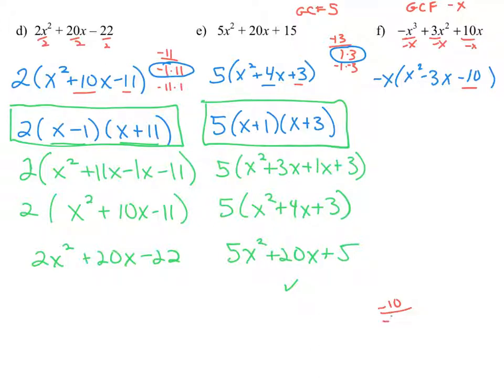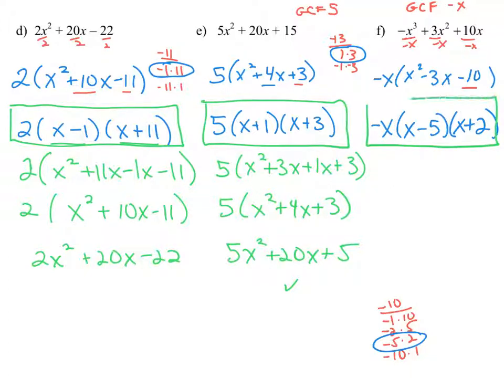So we can write this as negative 1 times 10, negative 2 times 5, negative 5 times 2, or negative 10 times 1. And the pair of factors of negative 10 that will add to give you a negative 3 are negative 5 and a positive 2. So in factored form, this polynomial is negative x times the quantity x minus 5 times the quantity x plus 2.